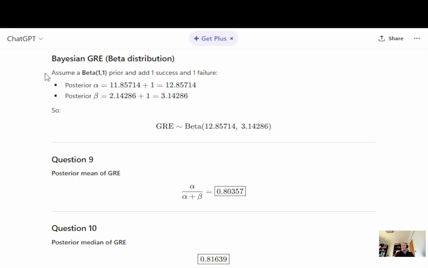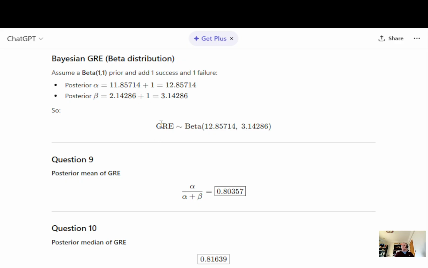So we use a beta 1 prior, which we said, now that is here, assume a beta 1 prior. So we add one success and one failure. So posterior alpha, which is the posterior number of successes, is the data successes, which is 11.857 plus 1. And we do the same for the failures, 2.14 and a bit plus 1.